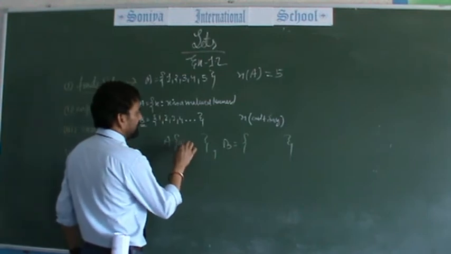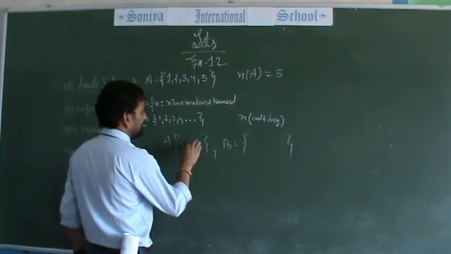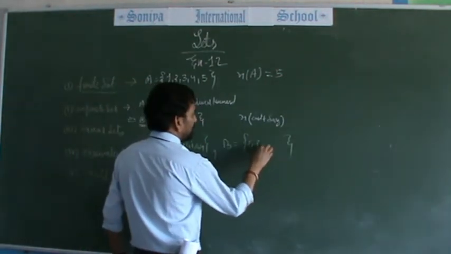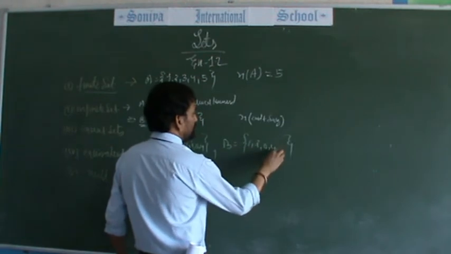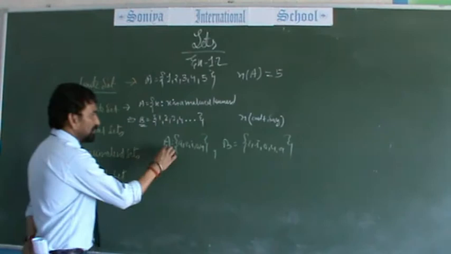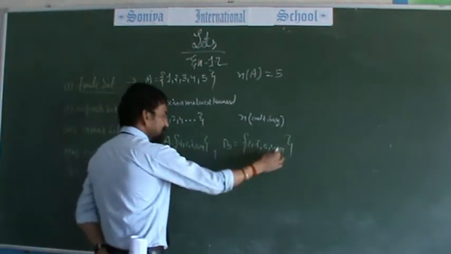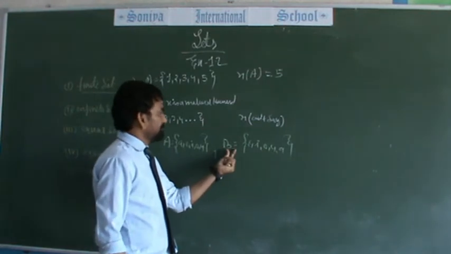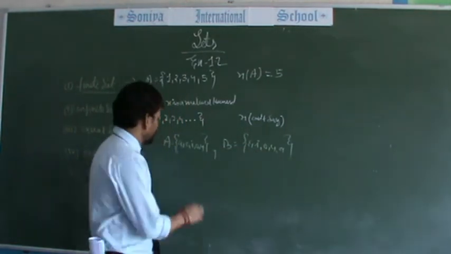Suppose A is A, E, I, O, U and B is E, I, O, U and A. We have two finite sets. The number of elements in set A is 5, as well as the number of elements in set B is also 5.